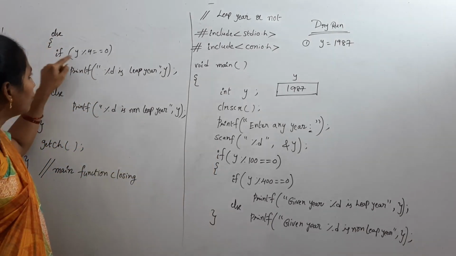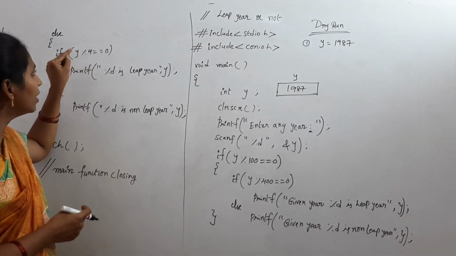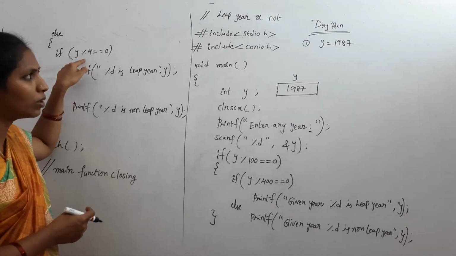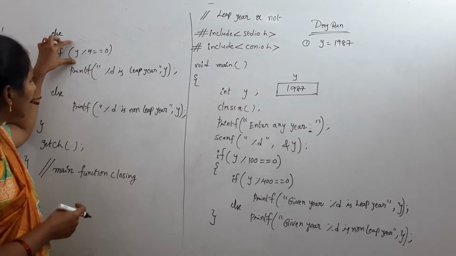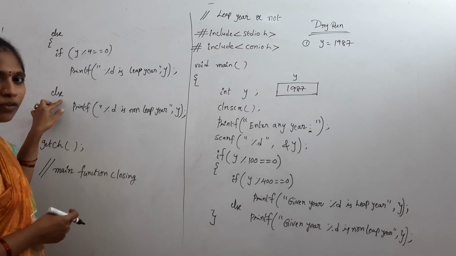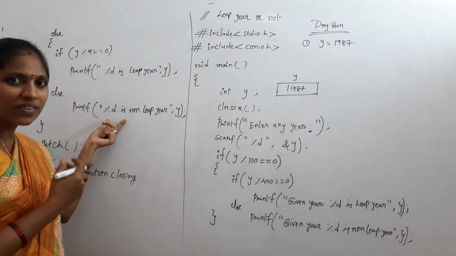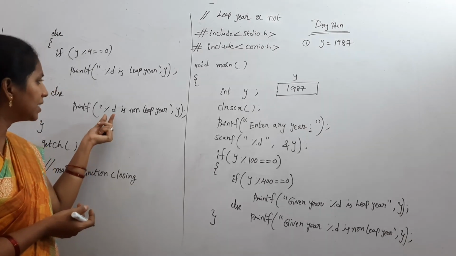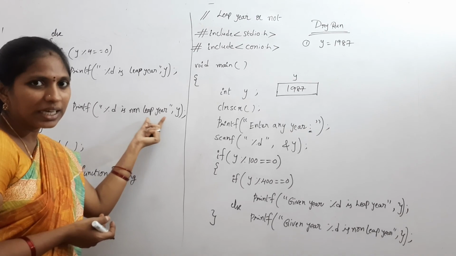Then else if y modulo 4 equal to 0: 1987 modulo 4 equal to 0, no, this condition is also false, then the else block will be executed. Now see, %d is a non-leap year. What is the value present in y? 1987. So 1987 is a non-leap year is the result.